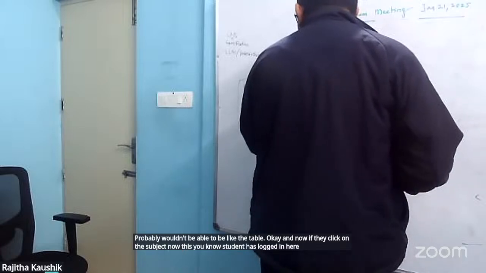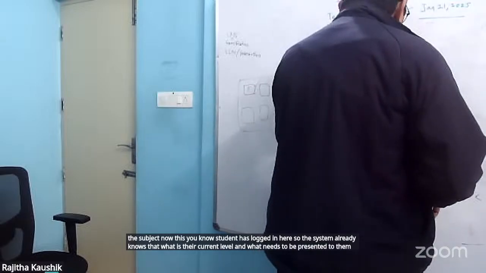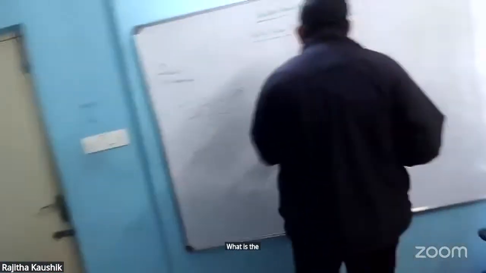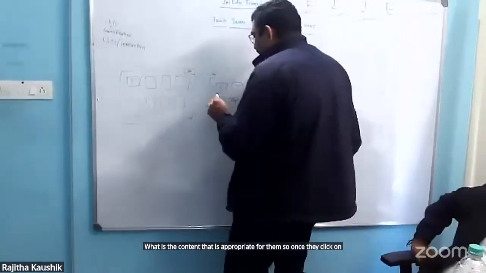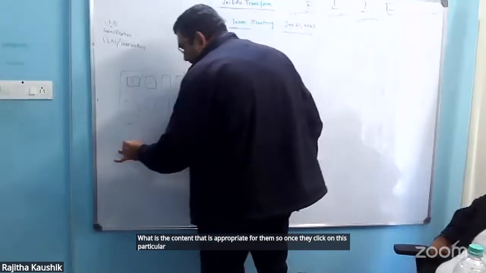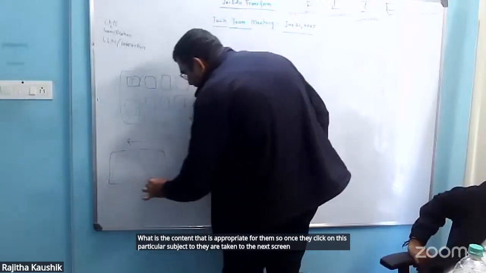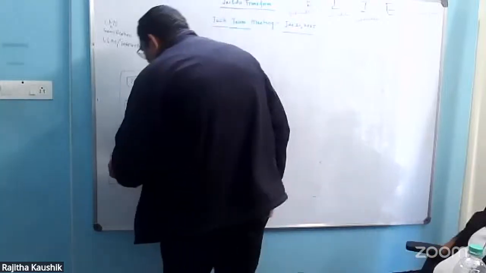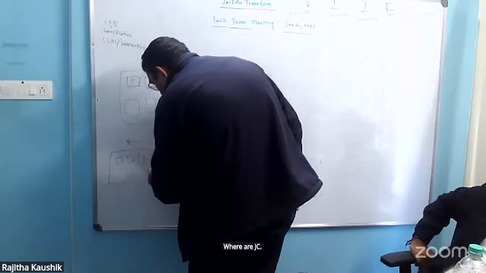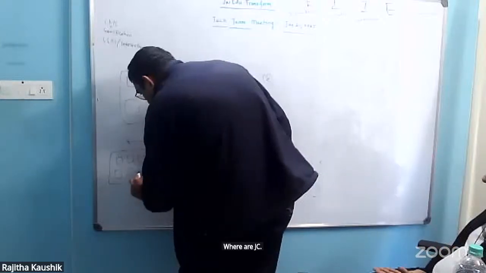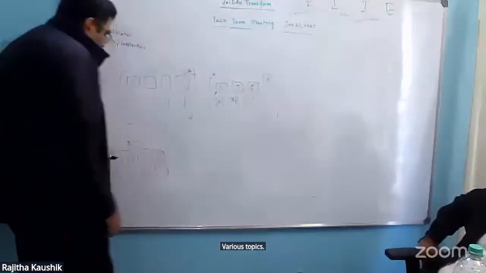So the system already knows their current level and what needs to be presented to them, what is the content that is appropriate for them. So once they click on this particular subject, they are taken to the next screen where they see various topics related to the subject.